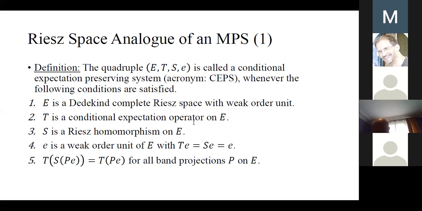All it needs to do is move parts around in the Riesz space E. So perhaps I shouldn't write it like that. All we need here is that the condition SE equal to E is crucial, but S itself is not a conditional expectation. Okay, but also not necessary to be a Riesz homomorphism, I guess. Maybe you can put some weaker condition on an operator S.